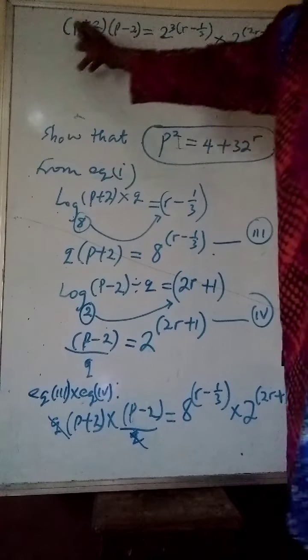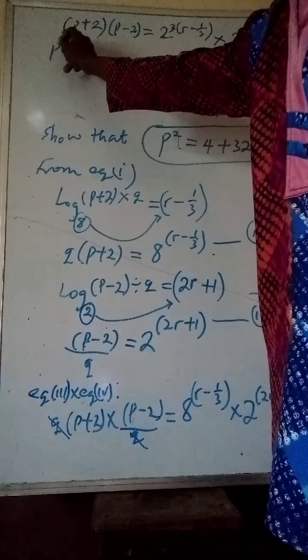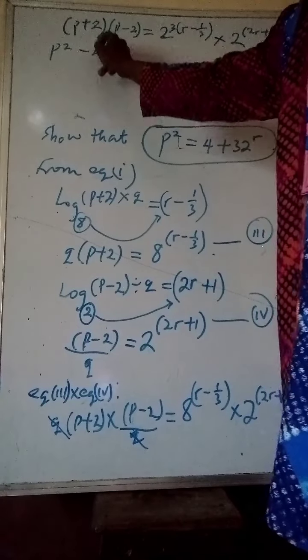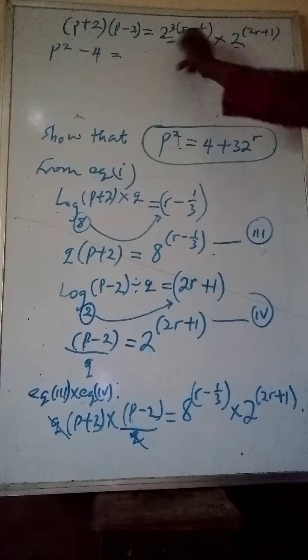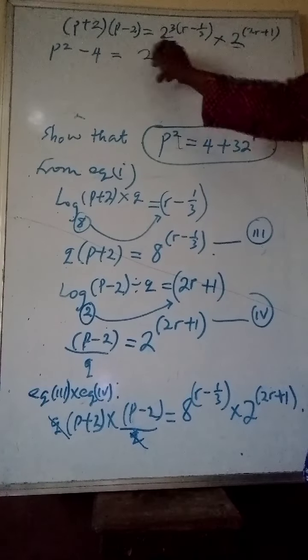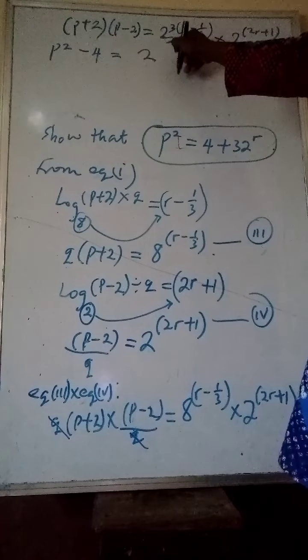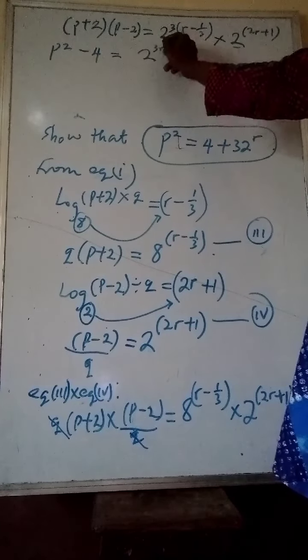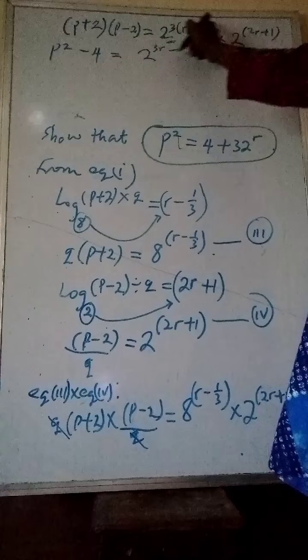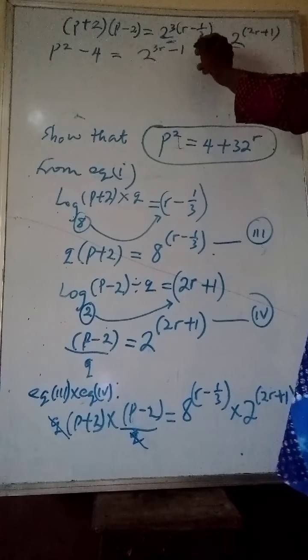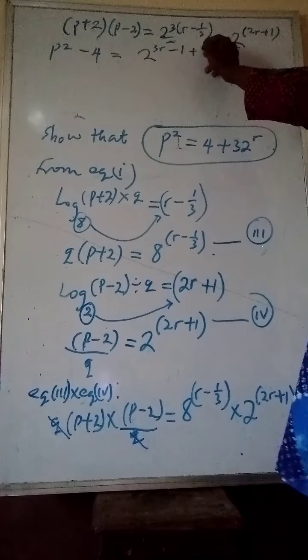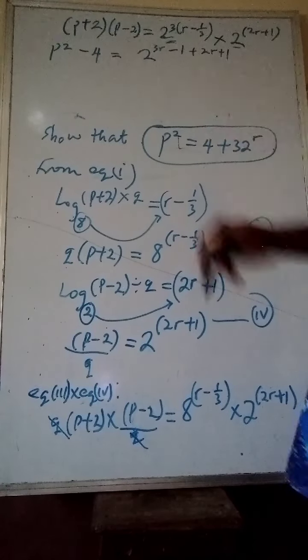Alright, when you open this bracket, you get p squared minus 4 equals to, since the bases are the same, I mean the carriers, you pick one, then 3 times r, that will be 3r, minus 3 times 1 over 3 will be 1. This times here we change to plus, then 2r plus 1. That's law of indices.